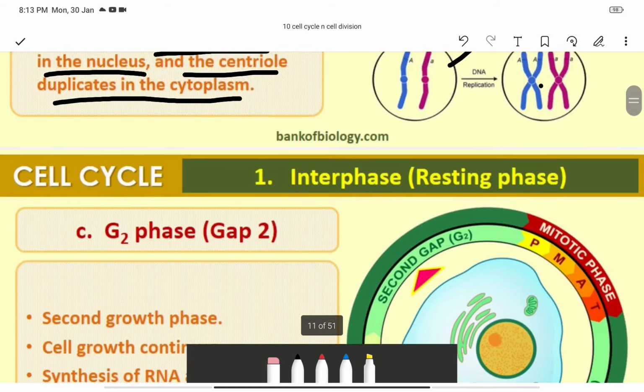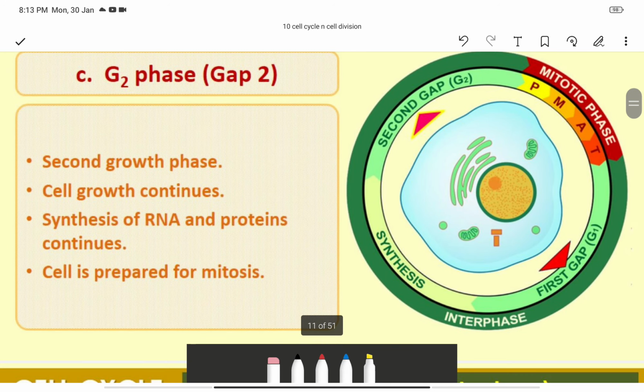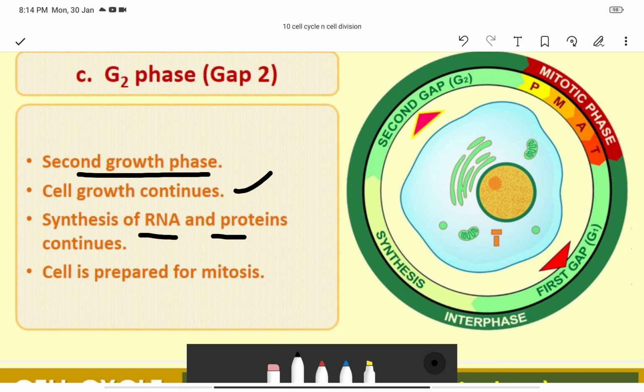Next is the G2 phase, gap 2 in the interphase. This is called the second growth phase. The cell continues to grow, and RNA and protein synthesis also continue in this phase. The cell is getting ready to move into the M phase. G2 is between the S and M phases.